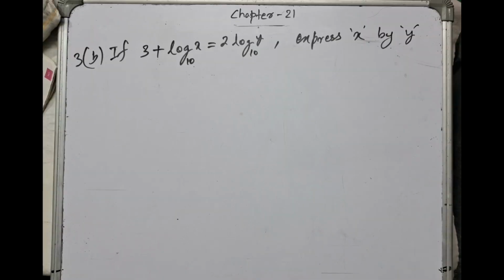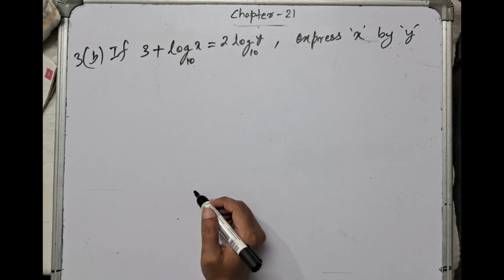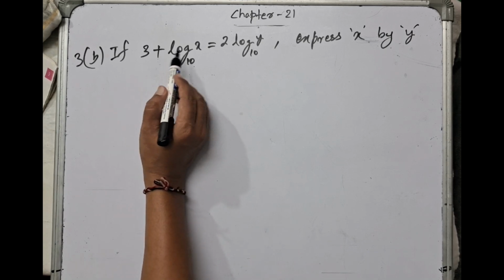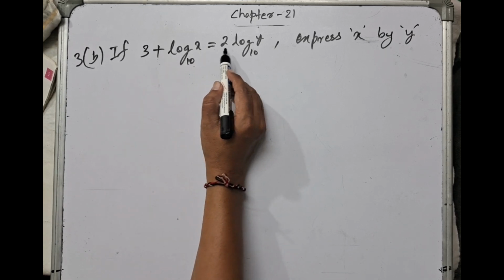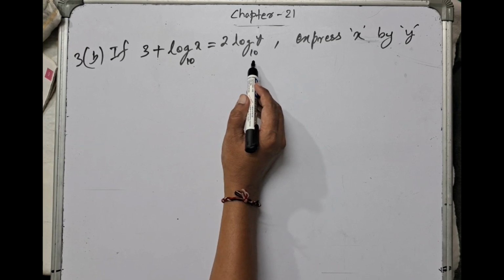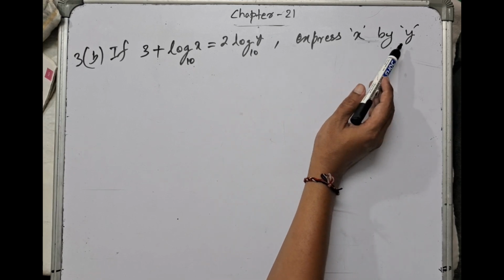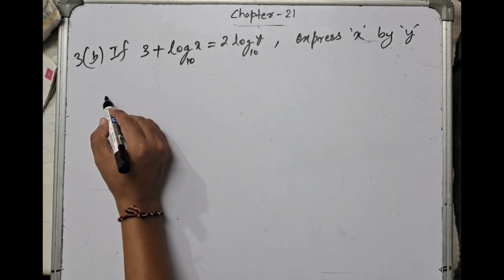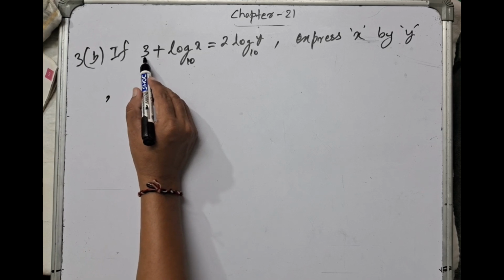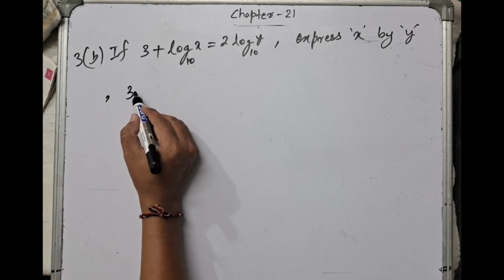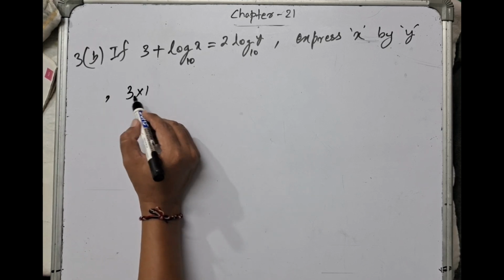Question number 3b from chapter 21, logarithm. So we have 3 plus log x to the base 10 equal to 2 log y to the base 10, and we are asked to express x in terms of y. This 3 we write here as 3 into 1, isn't it?